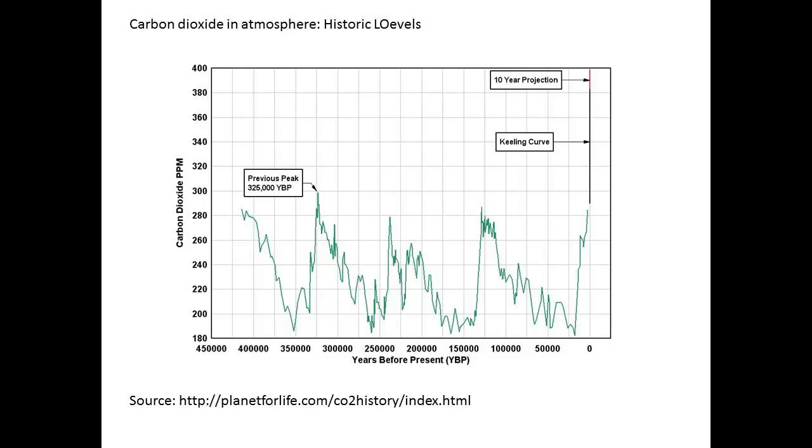The lower levels, around 180 parts per million, are the coldest glaciated periods. Typically, the warmer period has been within a level of around 280 to 300 parts per million. The current level is around 393 parts per million, having risen by around 100 parts per million over the last 100 years.